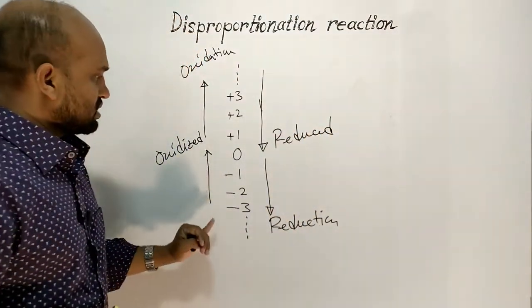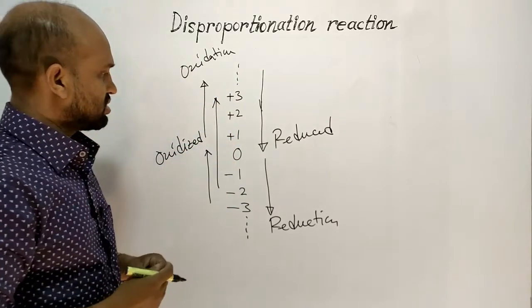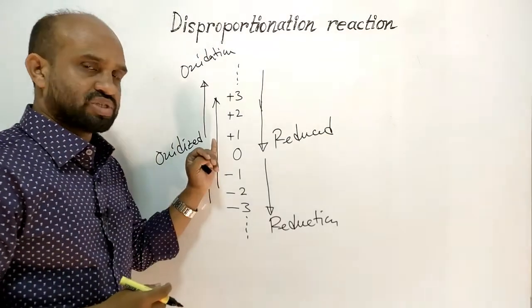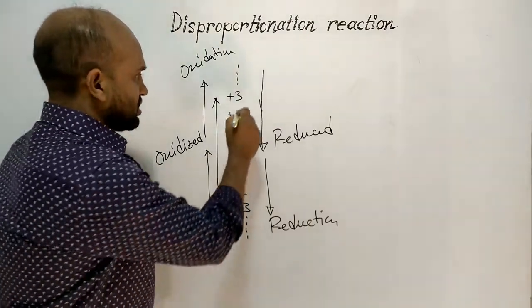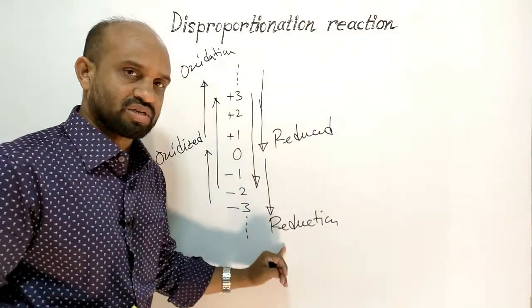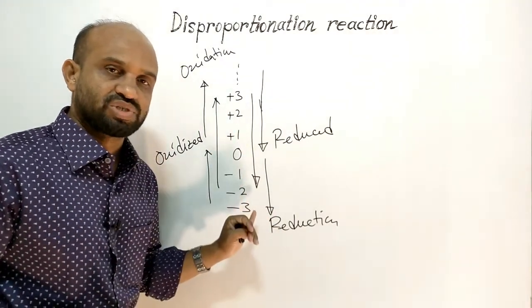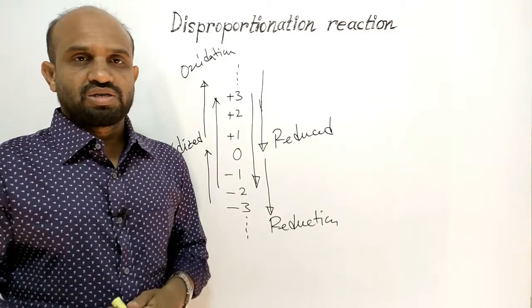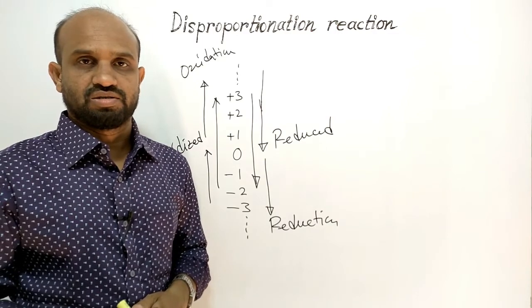So this type of oxidation number change is oxidation, and the element that undergoes this type of change is oxidized, and this type of oxidation number change is called reduction, and the element that undergoes this type of change is reduced. Now let's see an example of disproportionation reaction.